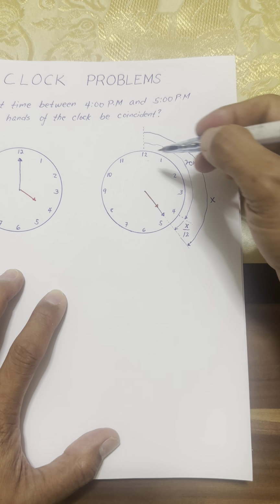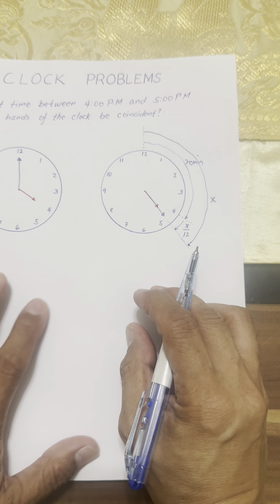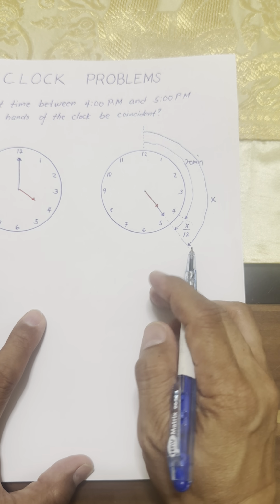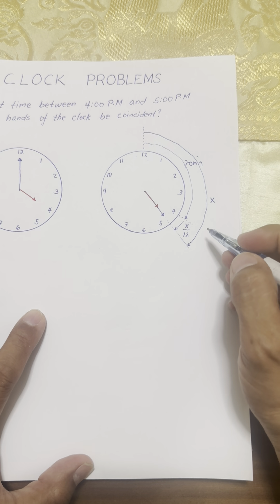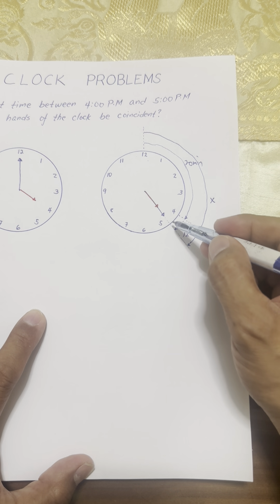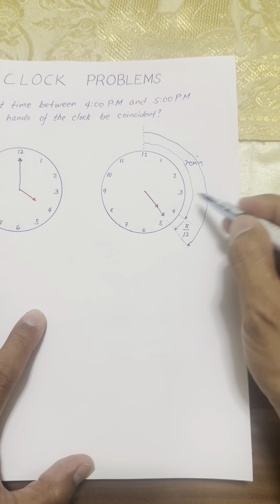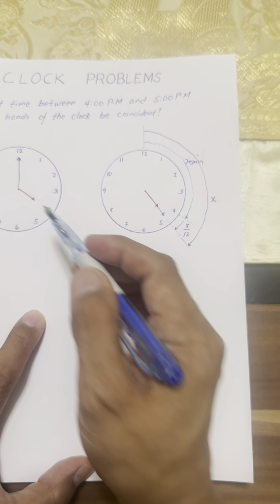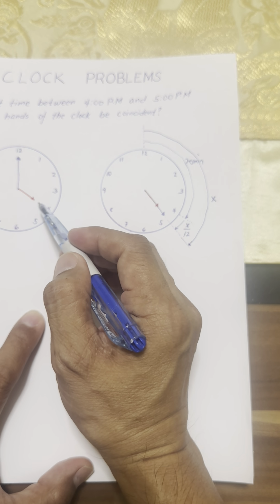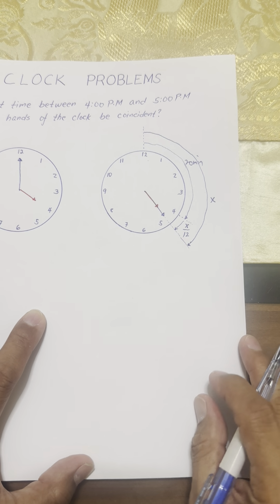From this illustration, we can find at what time. We need to solve first for the number of minutes, and then after that we add it to 4 p.m. because it started at 4 p.m.